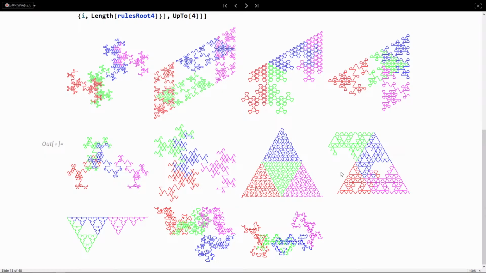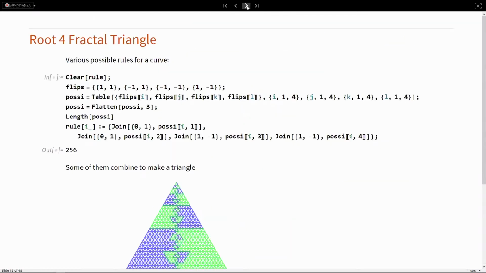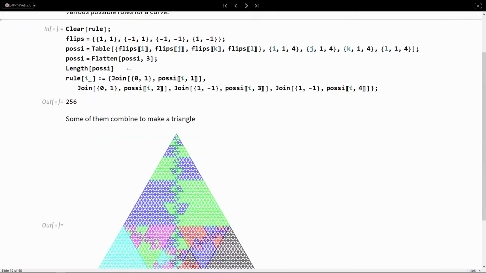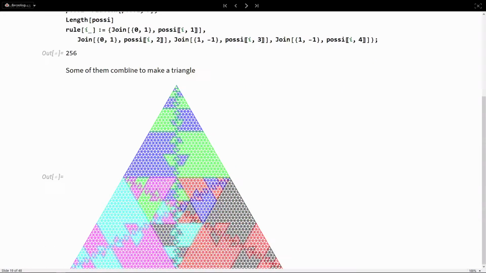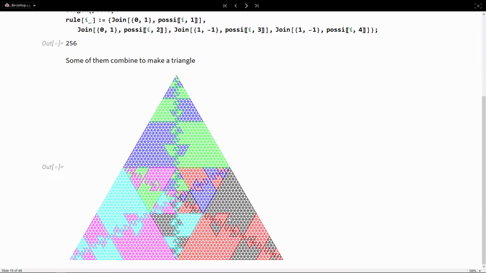And you can see that each one of these is also a reptile of a sort. Various different curves can be put together. So here's 6 copies of one of them, and they generate the whole triangle when put together.